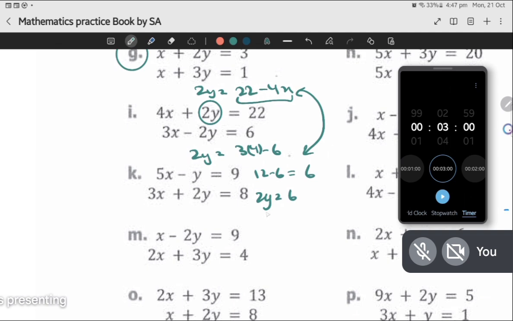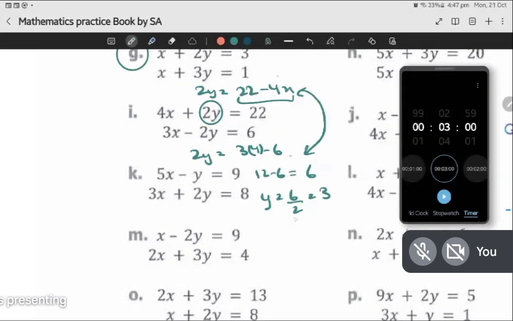Are you following? Yes. So y is equal to 6 over 2, which is 3. Okay, make sense? Yep.